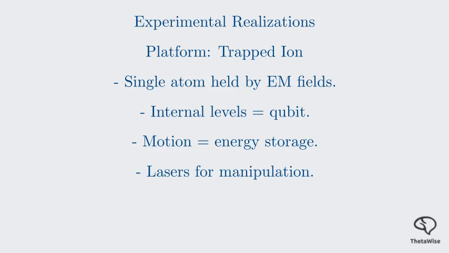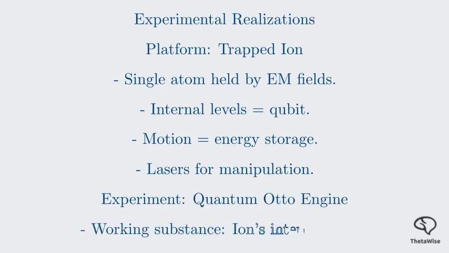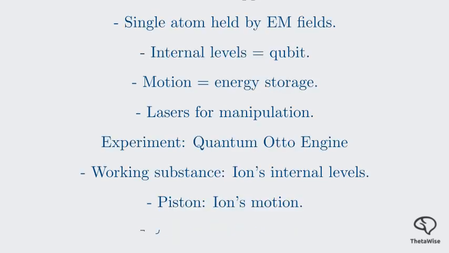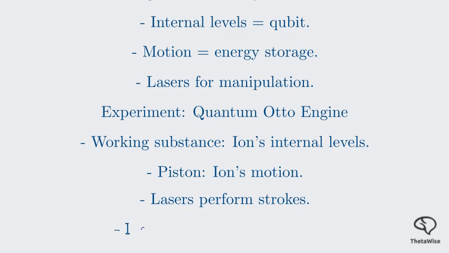Using this platform, scientists have successfully demonstrated a quantum Otto engine. They use the ion's internal levels as the working substance and its motion as the piston. By applying laser pulses, they could perform the 4 strokes of the Otto cycle and measure the work and heat exchanged. This allowed them to calculate the engine's efficiency and verify the theoretical predictions.